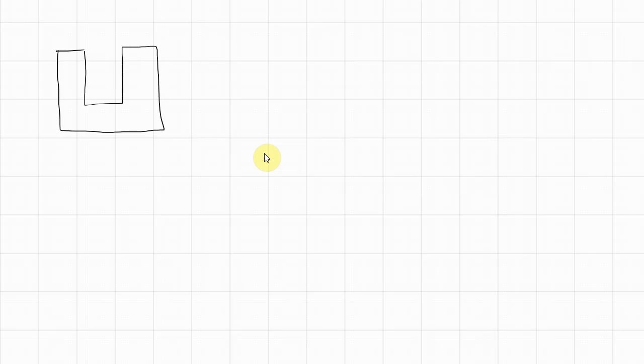we had a shape like this, and we were told that was 2. This was 12. This was 15. This was all in centimeters.